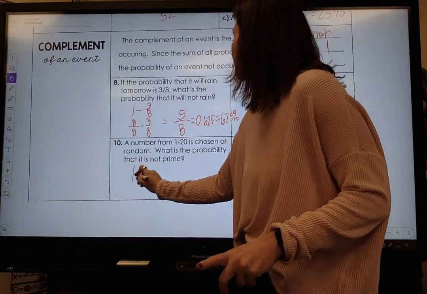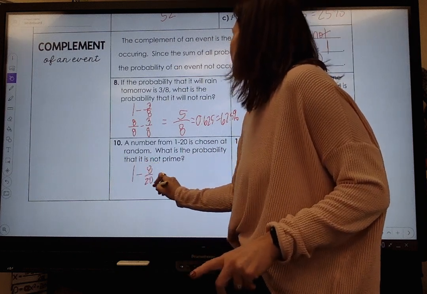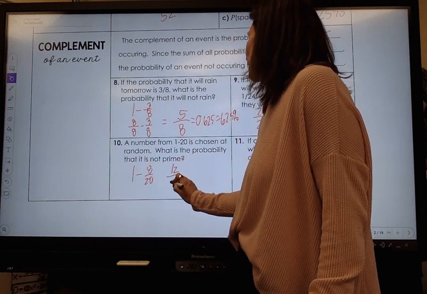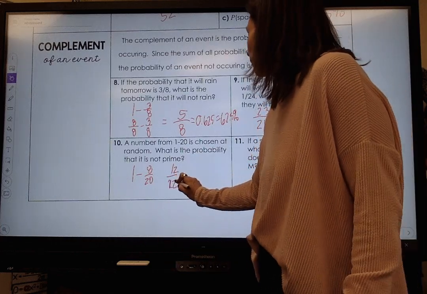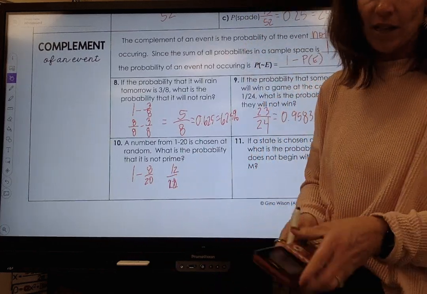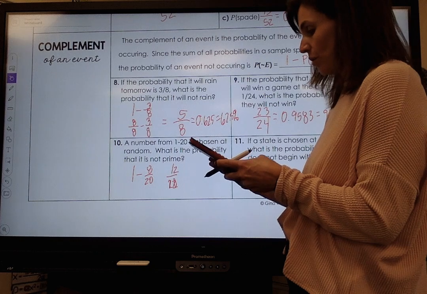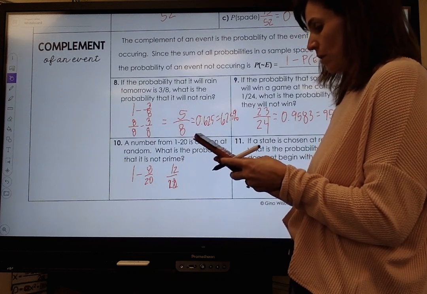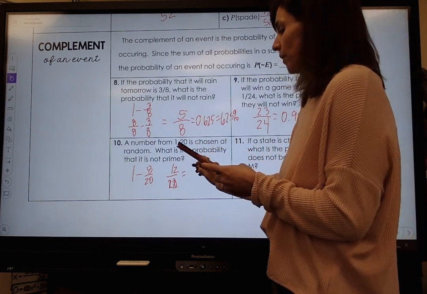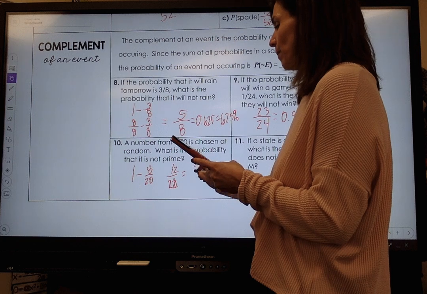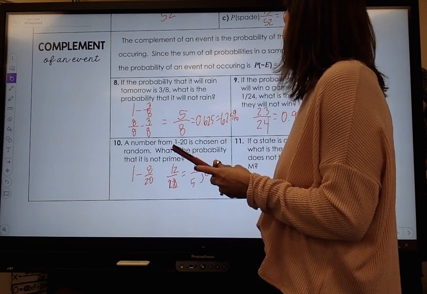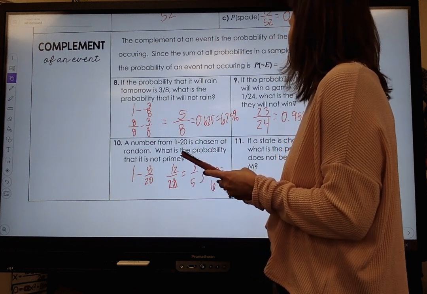So 1 minus 8/20 is going to be 12/20 that it is not prime, which reduces to 3/5, which is 0.60, which is 60%.